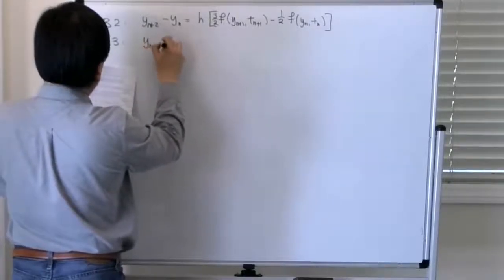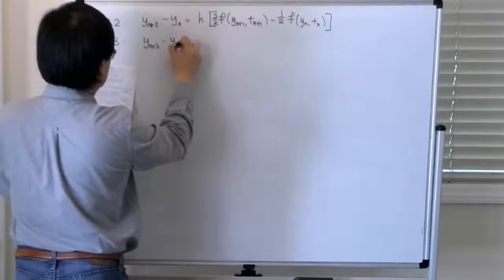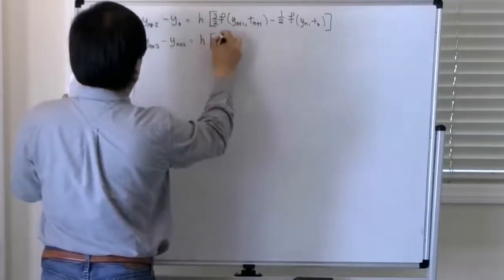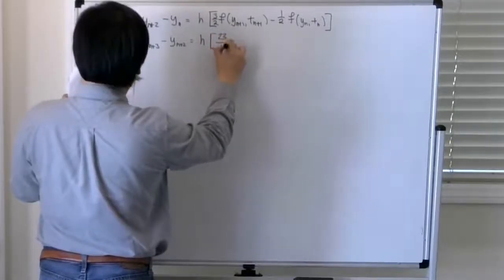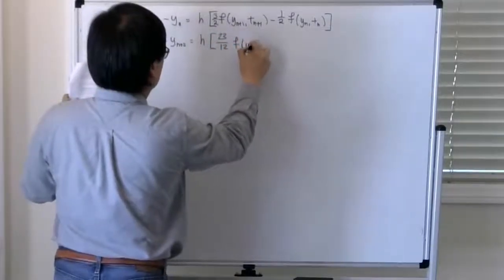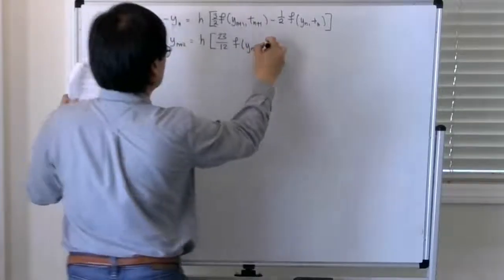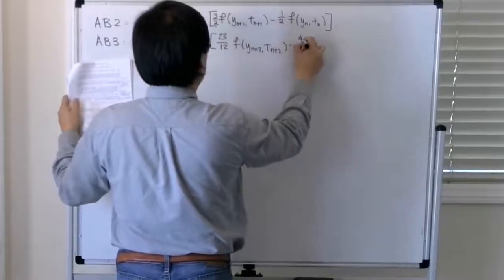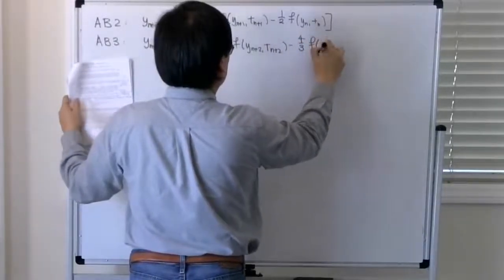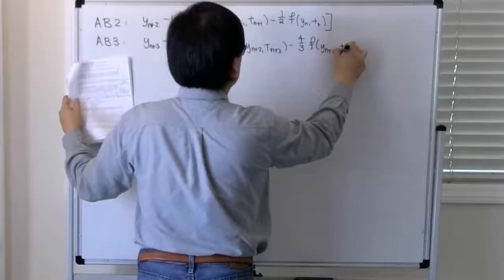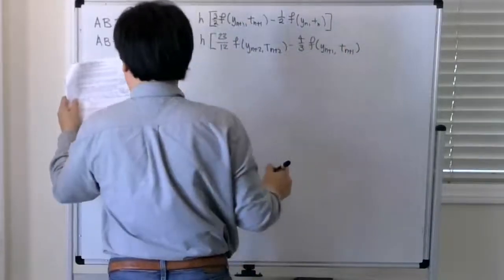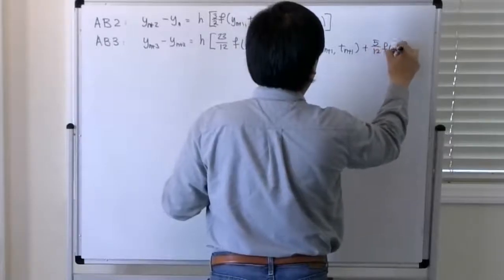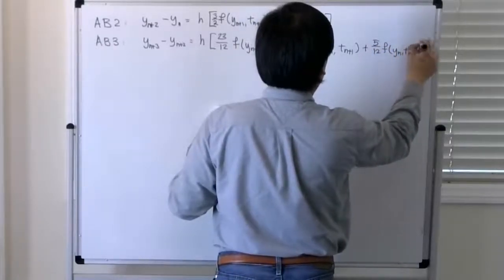y_{n+3} minus y_{n+2} is equal to h multiplied into 23/12 f at y_{n+2}, t_{n+2} minus 4/3 f evaluated at y_{n+1}, t_{n+1} plus 5/12 f evaluated at y_n, t_n.